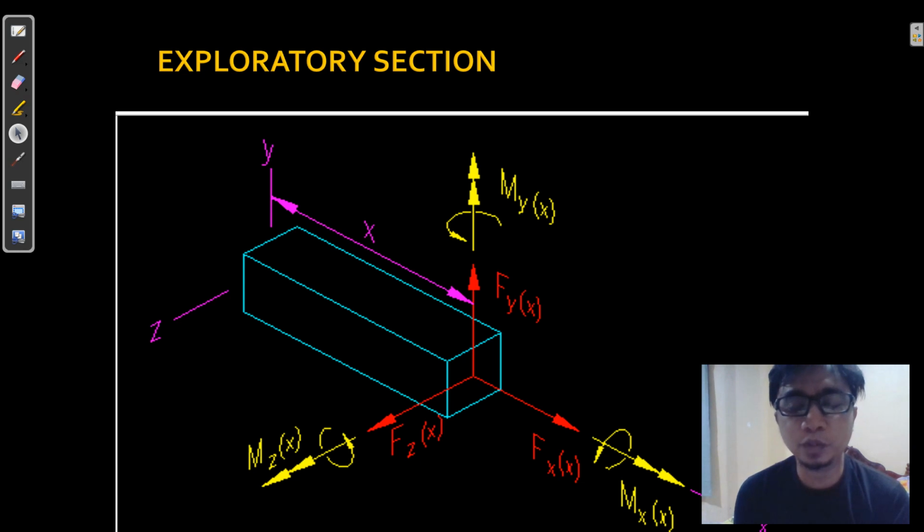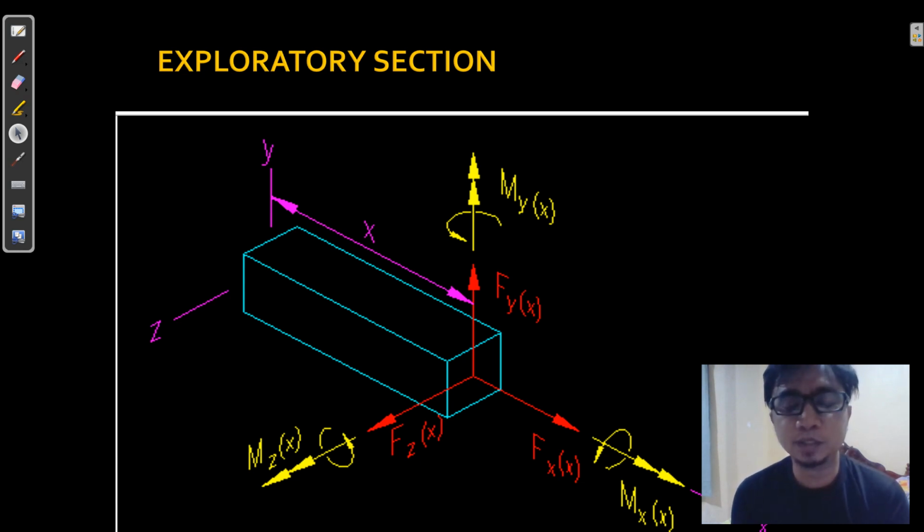An axial force will cause a normal stress, and a normal stress could either be tensile, where the force is away from the body, or compression, where the force is towards the body.